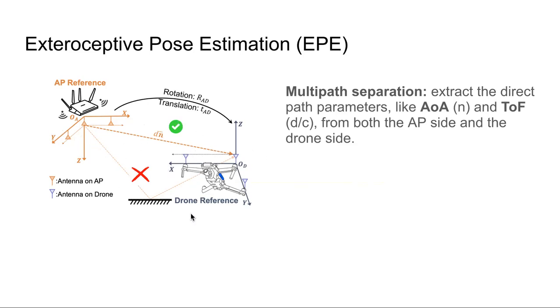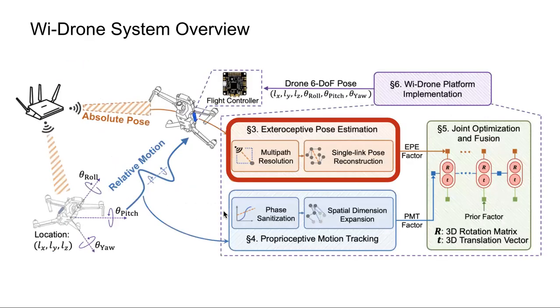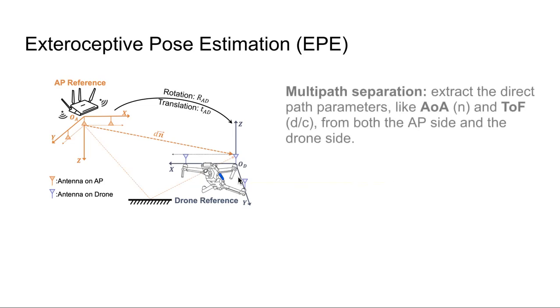To separate them, one thing is that the power of the direct path is much stronger than the others. This one is in the line-of-sight direction, and these are non-line-of-sight. The signals here are much stronger.